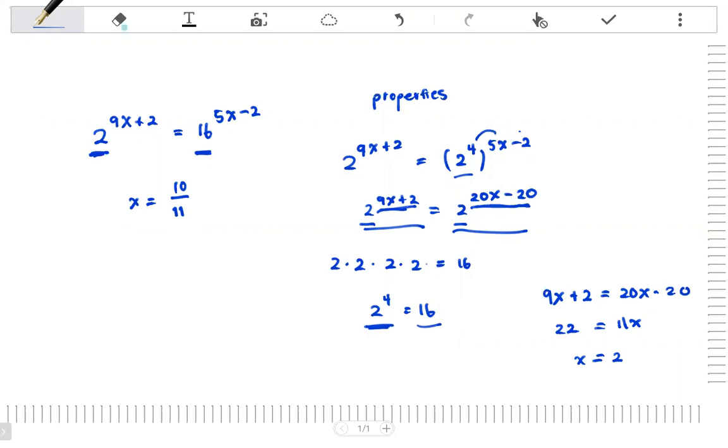Oh, right, you're right. Oh, good catch. Okay, so 20x minus 8. 4 times negative 2 is negative 8. I don't know why I wrote negative 20. Okay, let's change our equation then. That's negative 8, which means that this number is going to be 10. So 10 over 11 is correct.